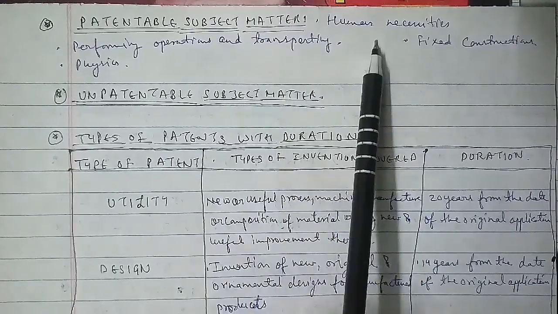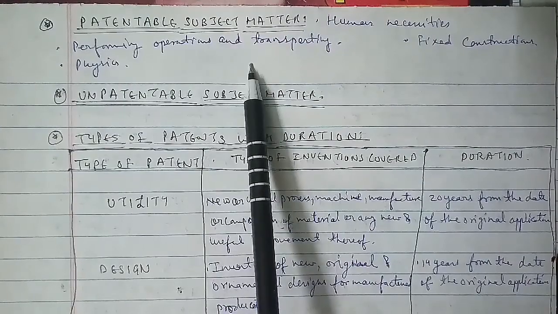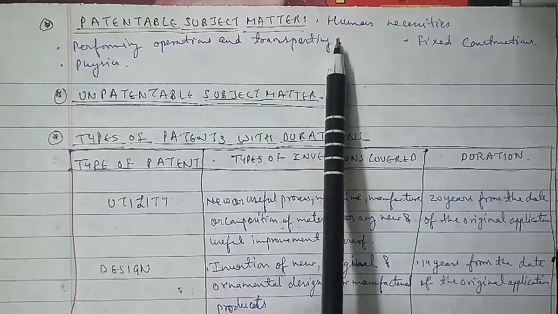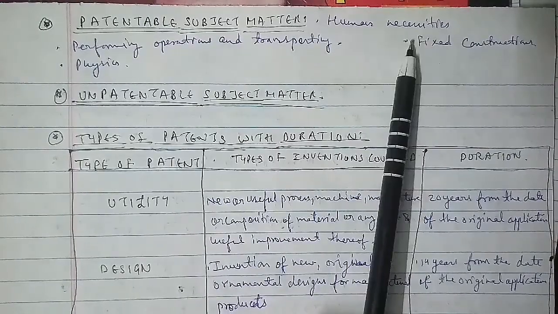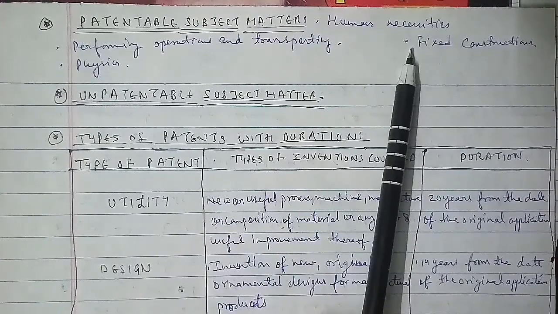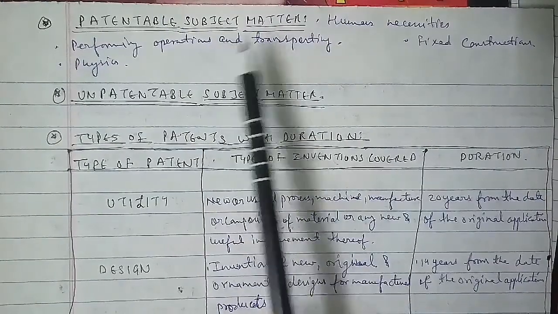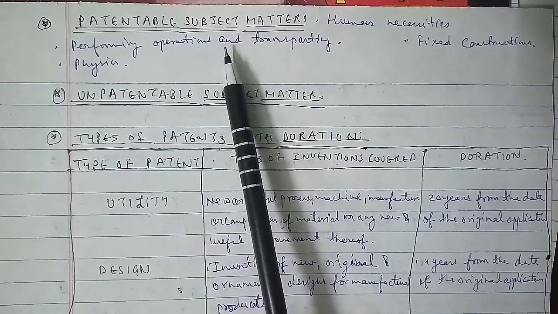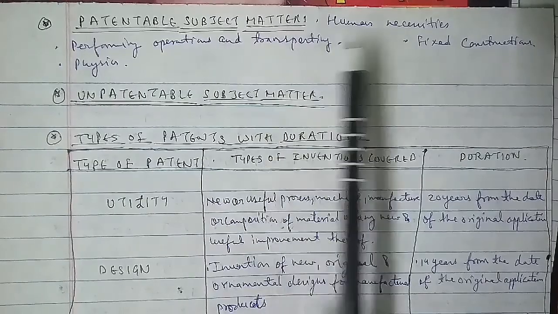Performing operations and transporting covers separating, mixing, shaping, printing, and transporting, as well as chemistry and metallurgy, textiles, and paper. Fixed constructions include building, earth moving, and mining, and mechanical engineering covers lighting, heating, weapons, blasting, engines or pumps, and engineering in general. Physics covers instruments, nucleonics, and electricity.